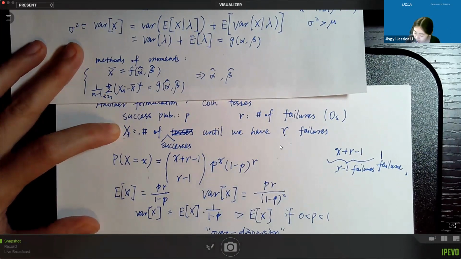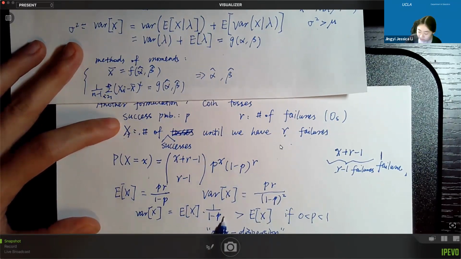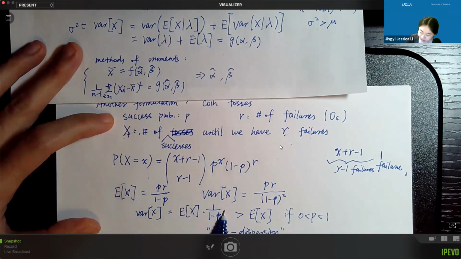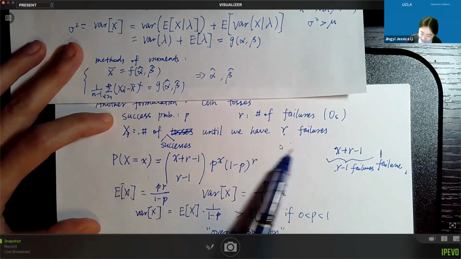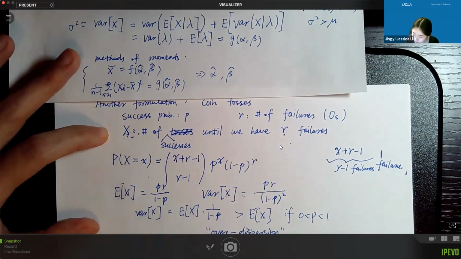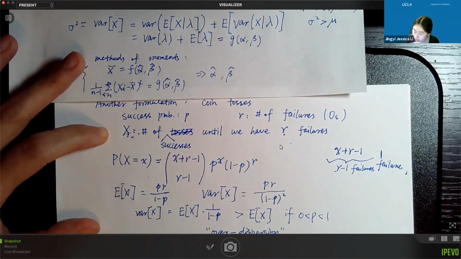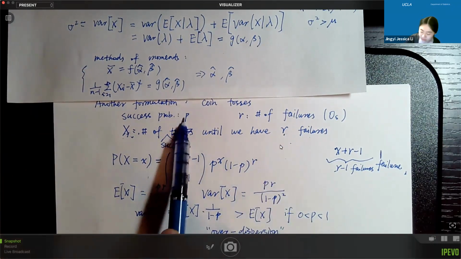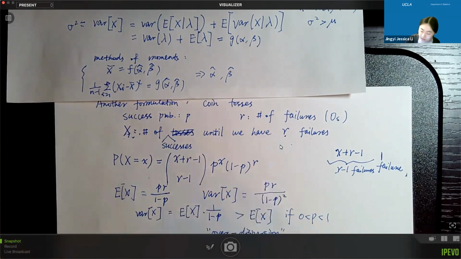So in that case, we could not actually complete this setting because you will never have a failure. So X will stay as infinity. That's the case where the negative binomial reduces to the Poisson. But I think I cannot really give you the intuition from this formulation because it doesn't make sense anymore. When P equals 0, how can you still talk about failures?